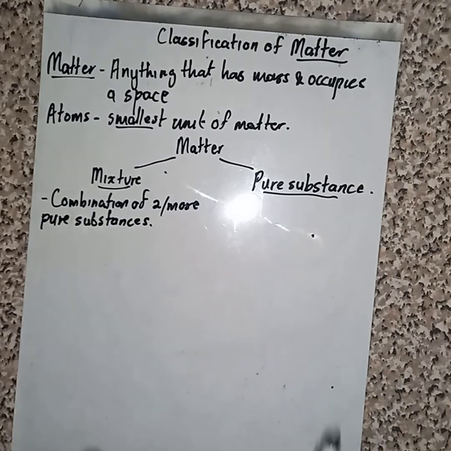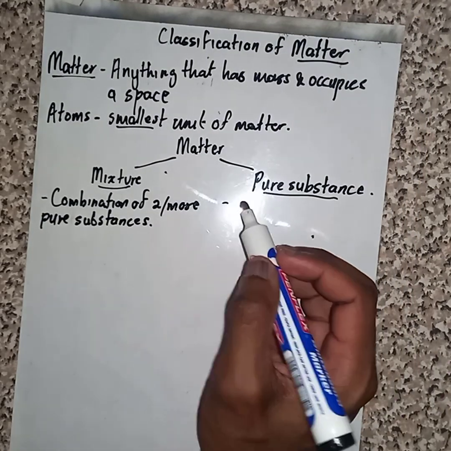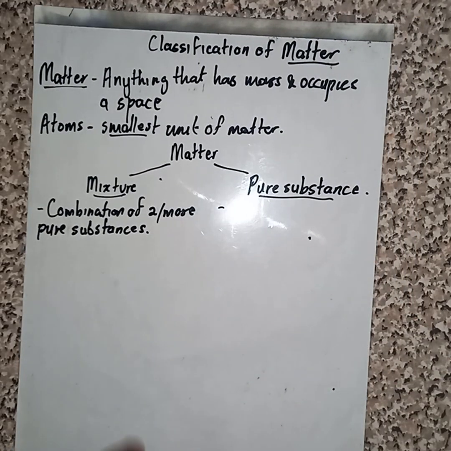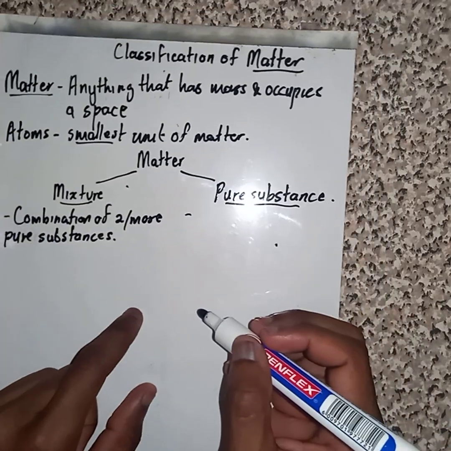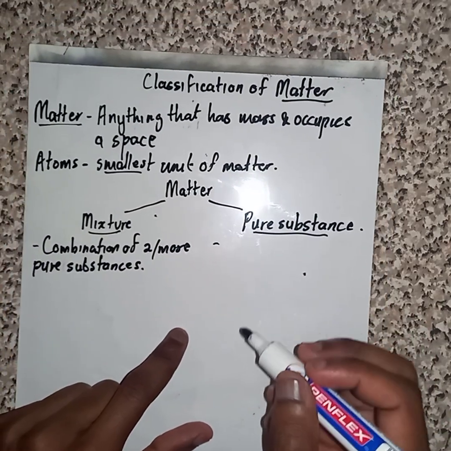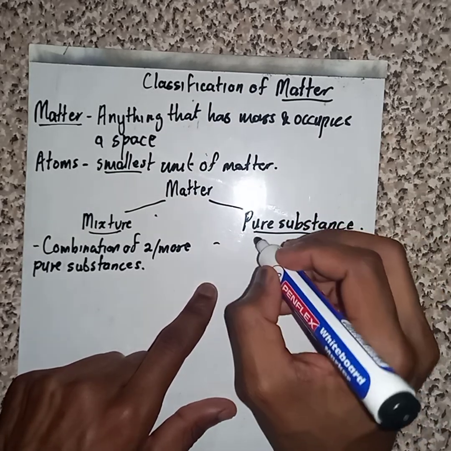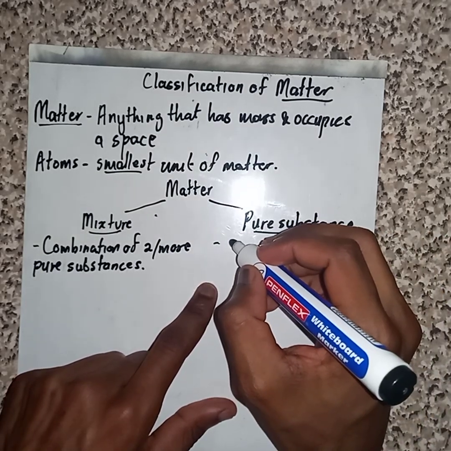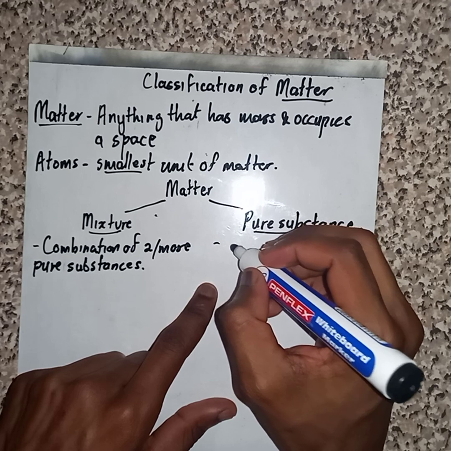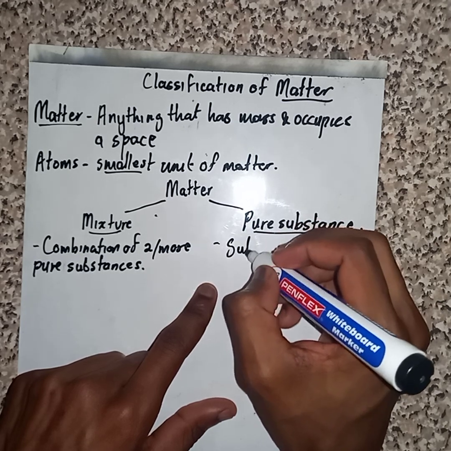Then what are pure substances? Pure substances are those substances which cannot be separated or broken down by physical means.